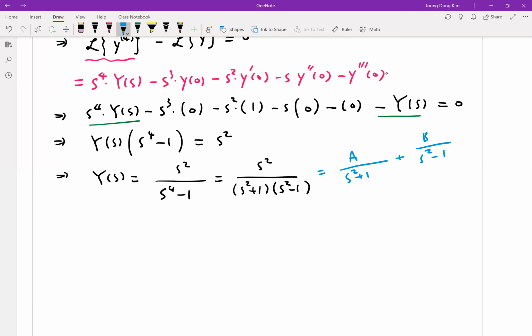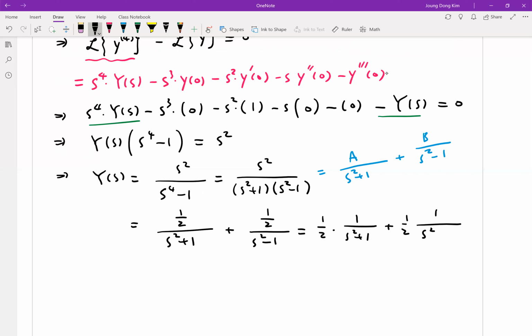Then you can easily find constants A and B for each term. Then let me skip that part. It is 1/2 times 1 over s squared plus 1 plus 1/2 times 1 over s squared minus 1. You understand what I'm saying, right?